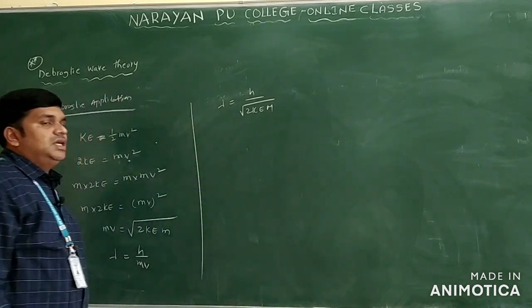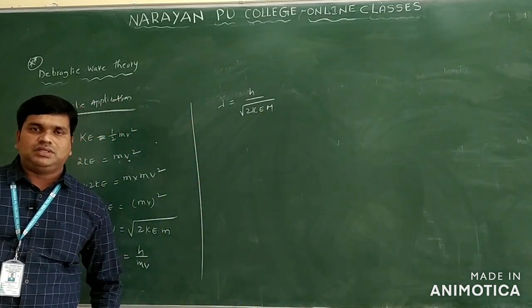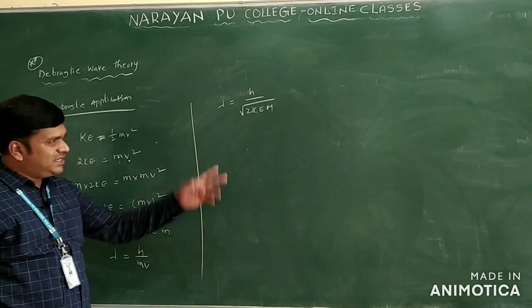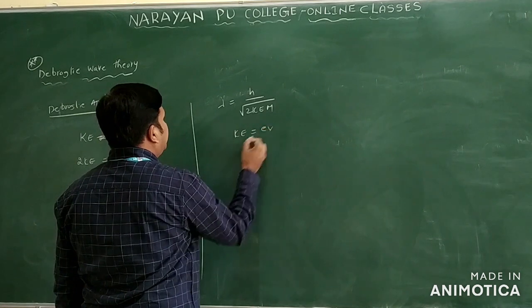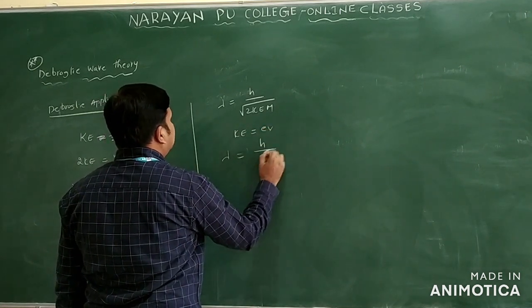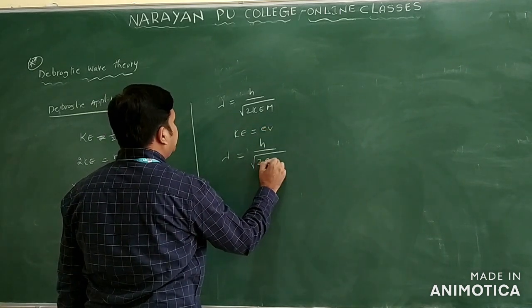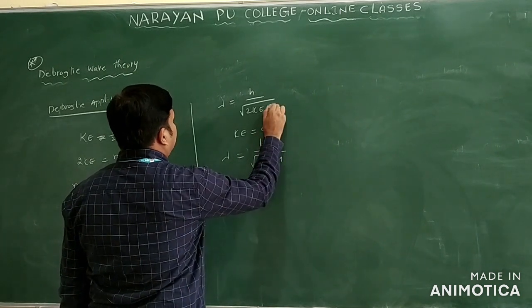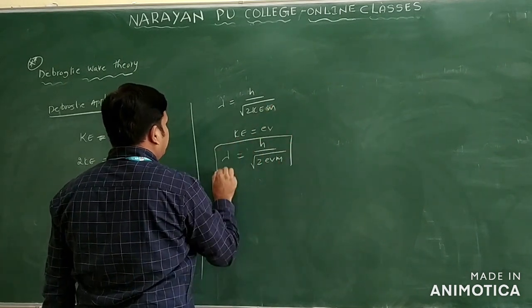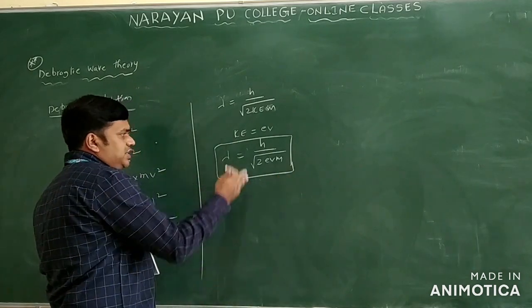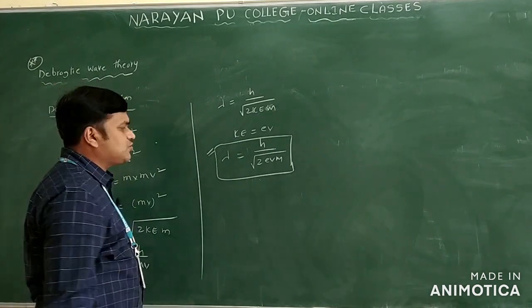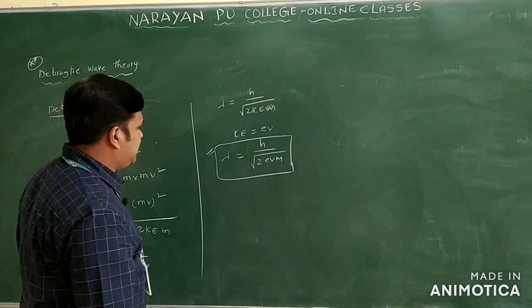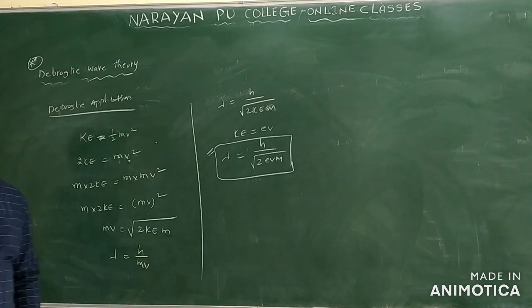If the charged particle is an electron with potential V, then the kinetic energy becomes eV, so we write Ke equals e into V. In this case we get 2 into e into V into m. So this is one more formula for wavelength: lambda equals h by the square root of 2 e V m. This is one of the formulas that comes under de Broglie's application.